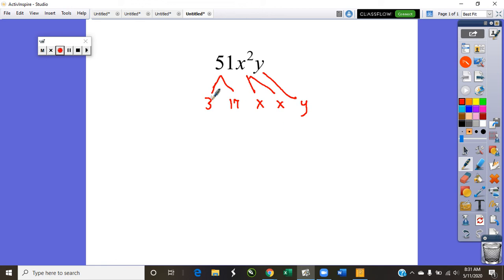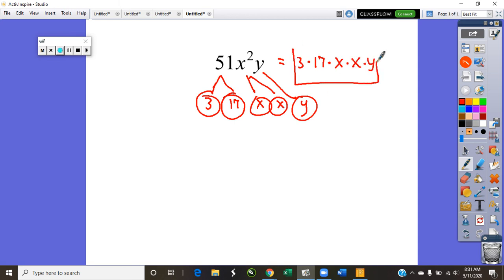Now is 3 prime? Yes, it is. So I can't go any further with that. Is 17 prime? Yes, so I can't go any further with that. And then x, y, x, and y. So my prime factors of this number would be 3 times 17 times x times x times y, and that would be my final answer.